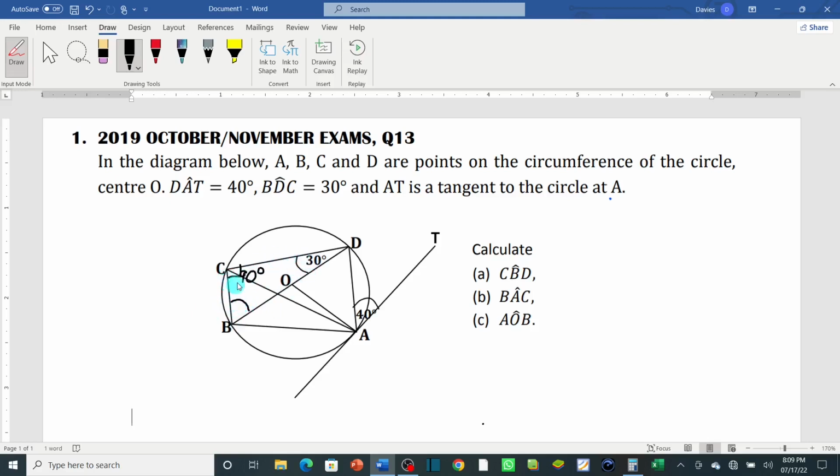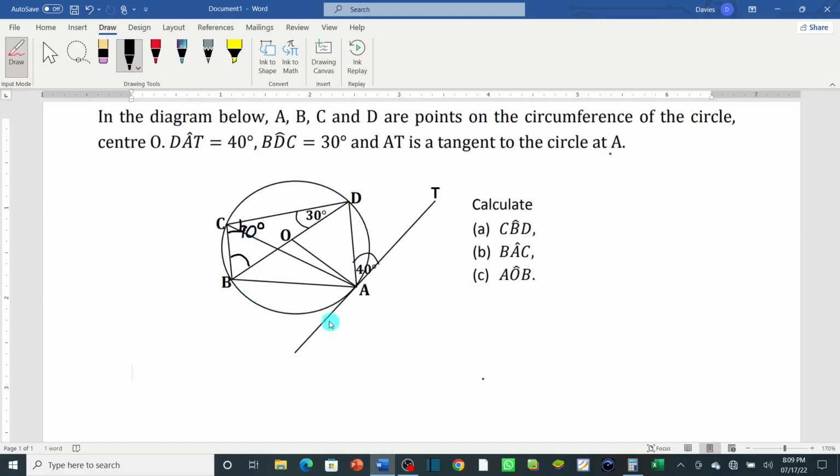So for us to be able to find this angle here, what we can do is this. Let's say we are finding angle CBD.